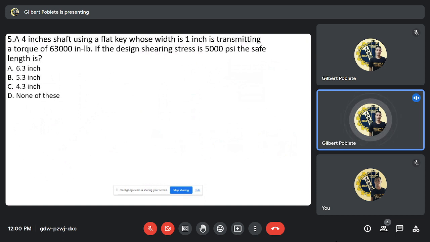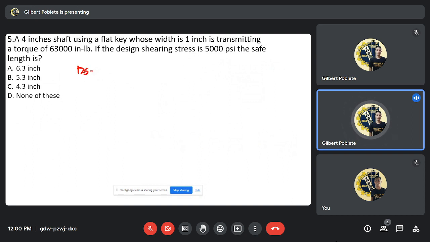Solve natin to guys. Try natin gamit yung mga formulas. So a 4-inch shaft using a flat key width is 1 inch is transmitting a torque of 63,000 inch-pound. If the design shearing stress is 5,000 psi, the safe length is. So ayan, meron tayong given na diameter ng shaft.